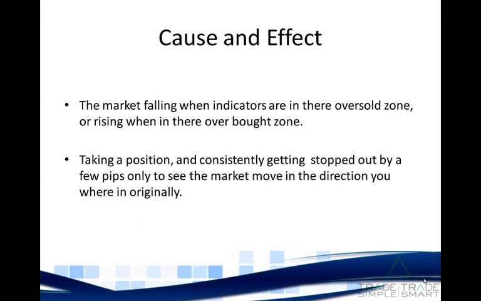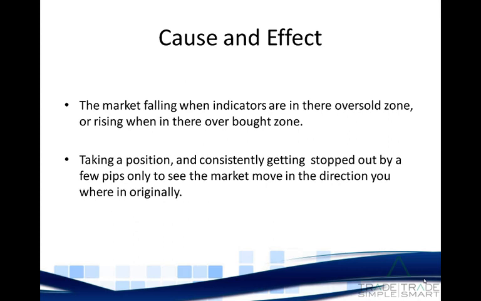Because you can have 2 indicators, both being oscillators, both with overbought and oversold zones, and one can be in the overbought zone and one can be in the oversold zone. They can give you conflicting information, and this only leads to confuse the trader further.